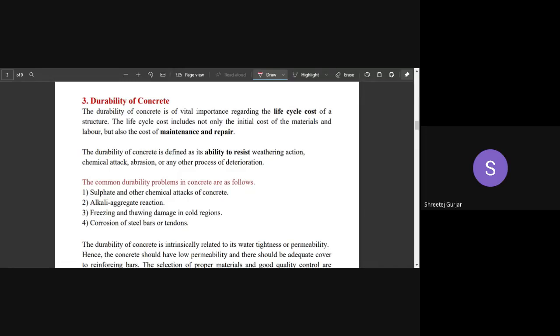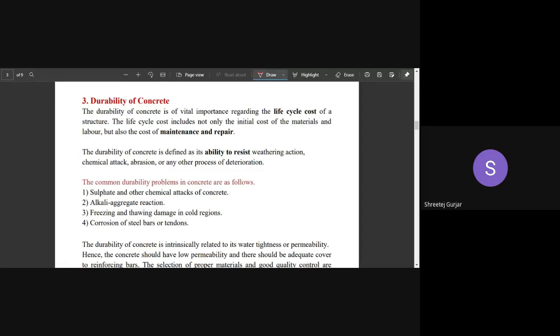Coming to your third problem, it is your freezing and thawing action that occurs in your cold regions, right? Wherein there is snowfall occurring, and the water which is getting into your concrete starts to freeze. And when it freezes, the volume of water increases. So as the volume increases, it will expand and it will cause cracks in your concrete.